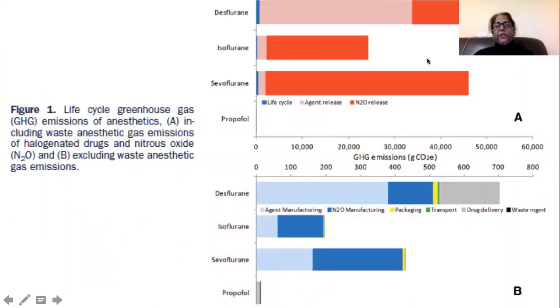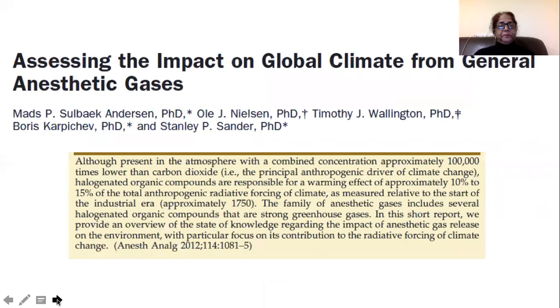So again, we can see that the use of inhalational anesthetic gases is associated with a significant amount of carbon footprint as compared to propofol. The impact of gases on global climate was assessed by Anderson et al.